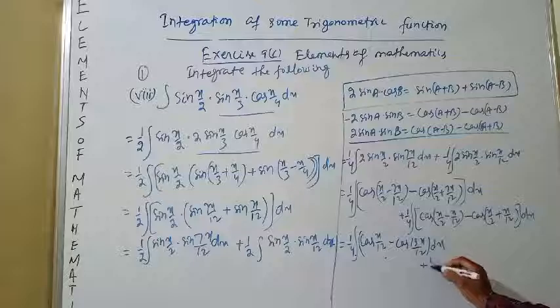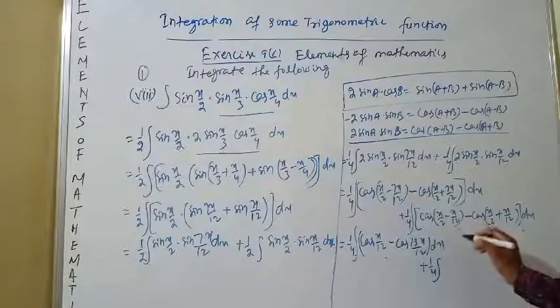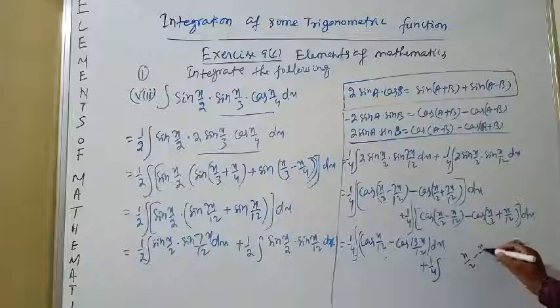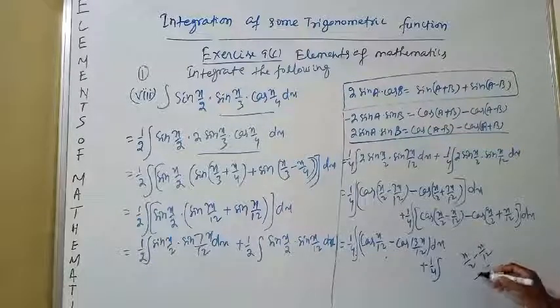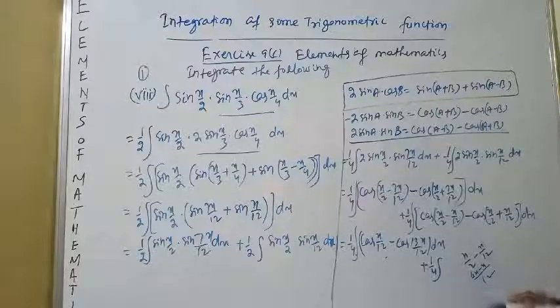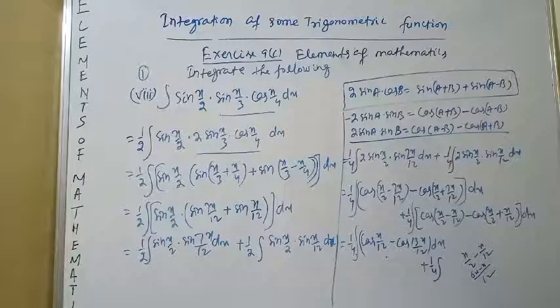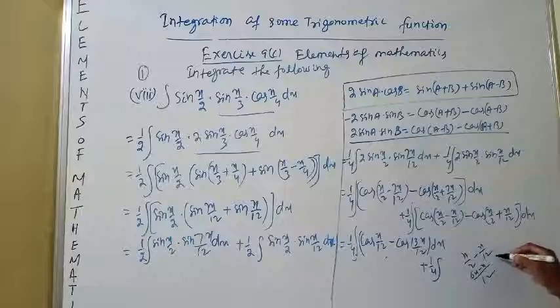Here you see 1 by 4 integration of x by 2 minus x by 12. LCM is equal to 12. This is 6x minus x, that is 5x by 12.